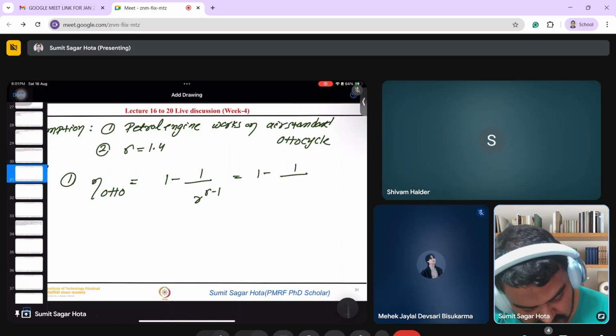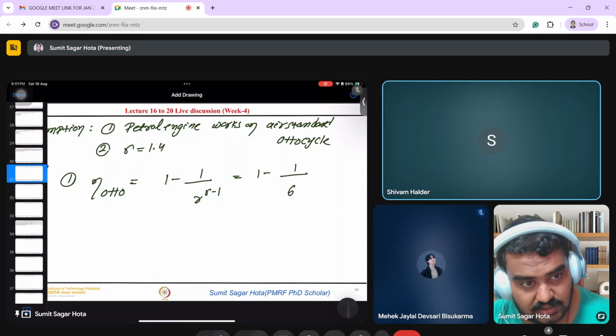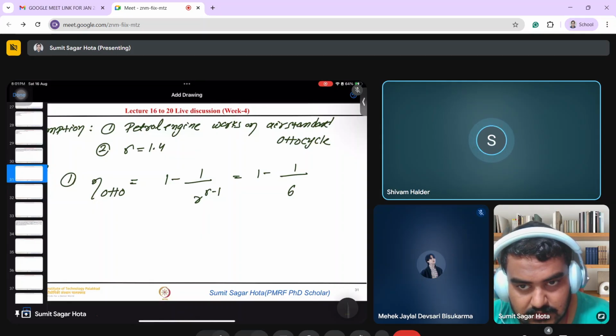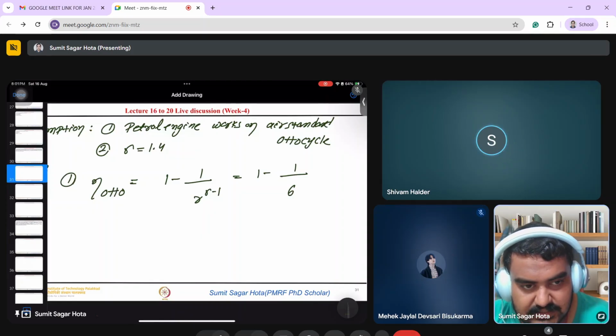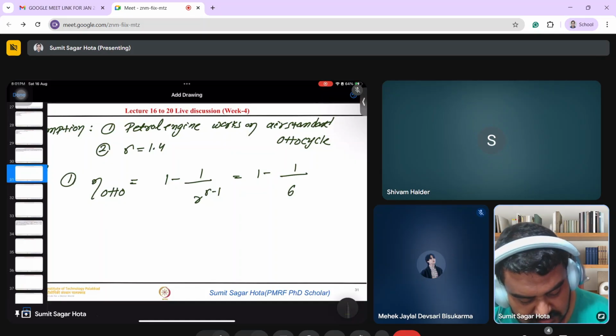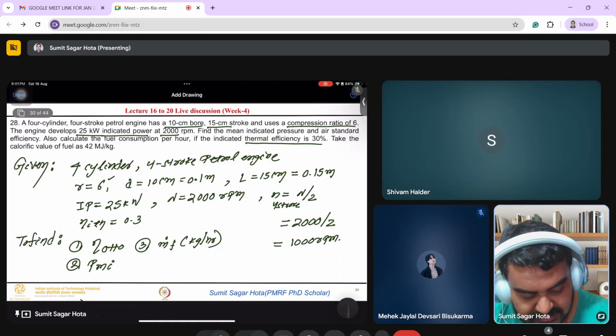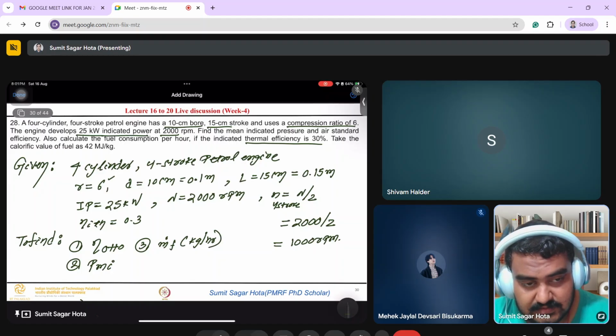Sir, I have a doubt. Why do we solve for ideal purposes? After all, we have to go to industry and solve for the real. Yes, for this kind of question, they should actually give the values. They are not mentioning whether it is operating on air standard or how it's operating.